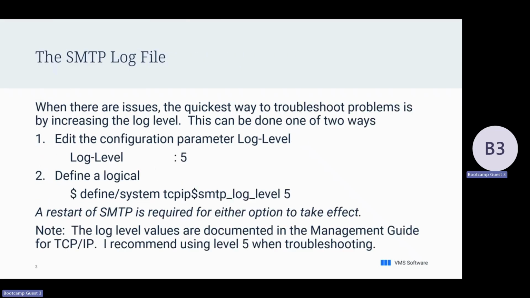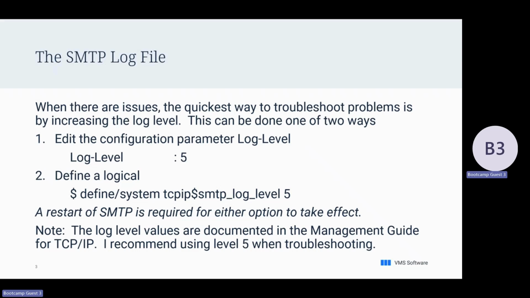When there's issues, the best thing to do is just to go ahead and set that log level. I don't even play around. I go straight to 5. Don't bring me a 2 or a 3. It's odd because we don't have a 1 or a 4. We have 2, 3, and 5. You can still use the logical in version 5.7.